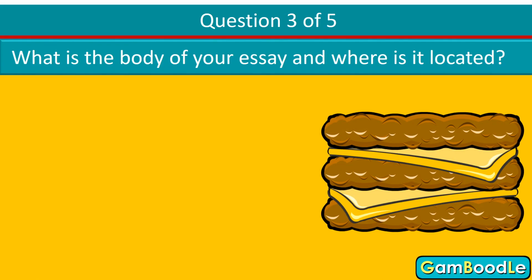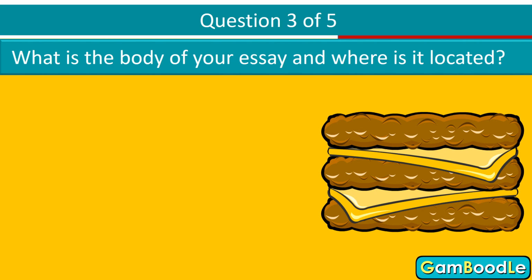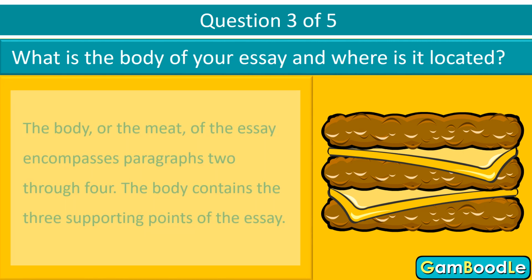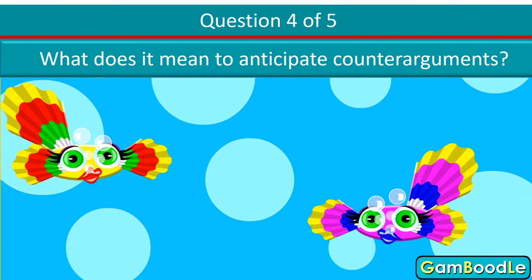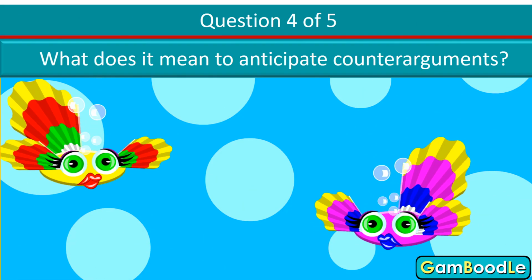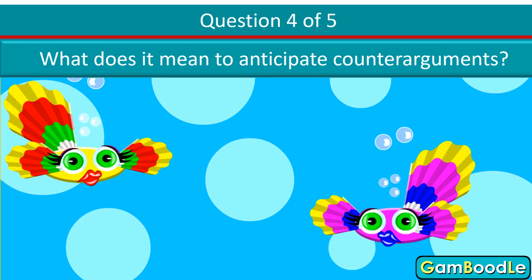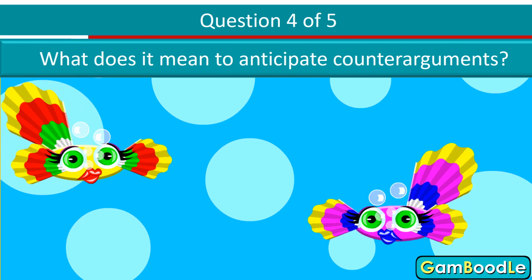Question 3. What is the body of your essay, and where is it located? The body, or the meat, of the essay encompasses paragraphs 2 through 4. The body contains the 3 supporting points of the essay. Question 4. What does it mean to anticipate counter-arguments?